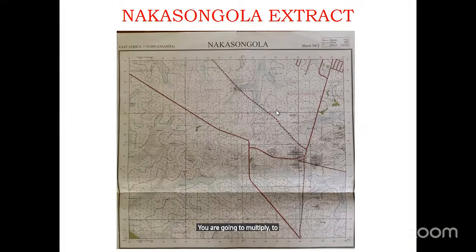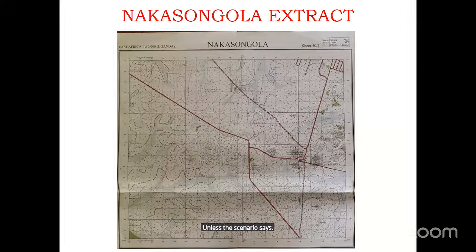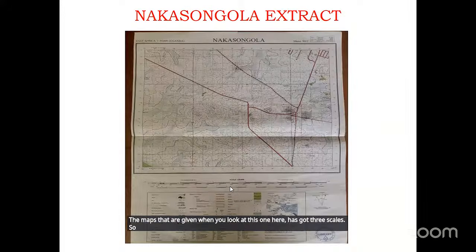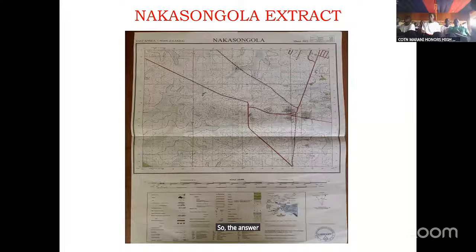Remember that distance is measured and stated in kilometers, unless the scenario says miles. If they tell you miles, as I told you, the map that is given here has 3 scales. So it will depend on what the scenario is talking about, the units of the distance. So the answer you give must have the units.